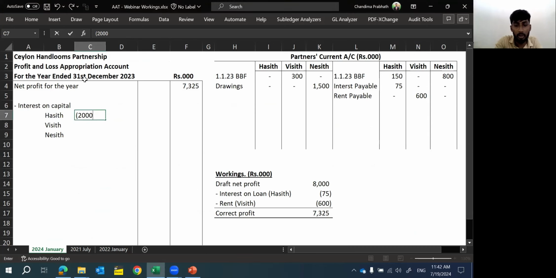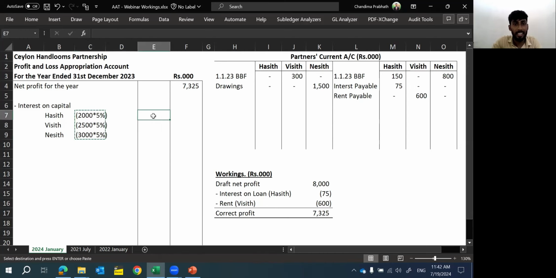2000 into 5%, then 2500 into 5%, and then 3000 into 5%. So how can I get the answer?